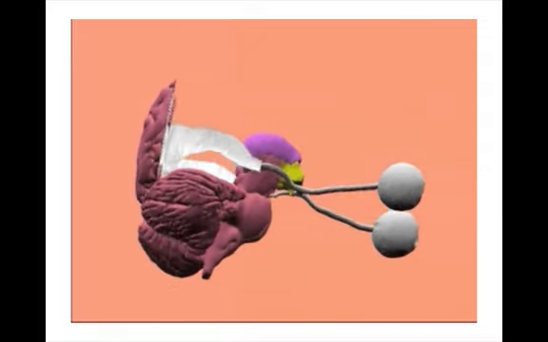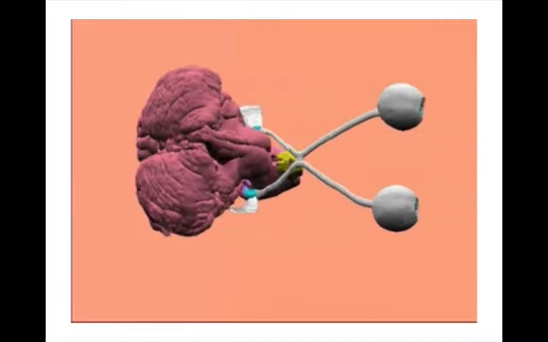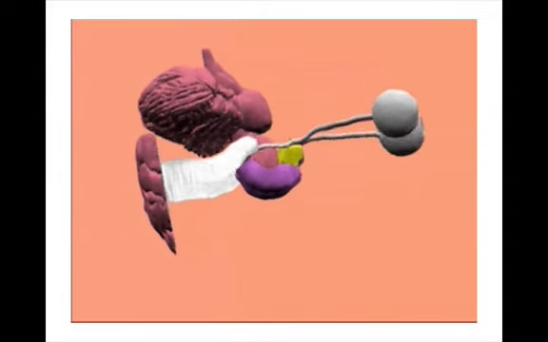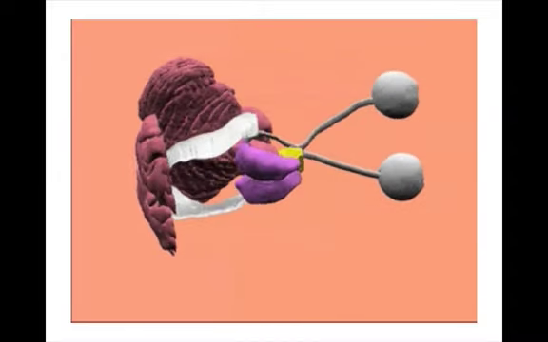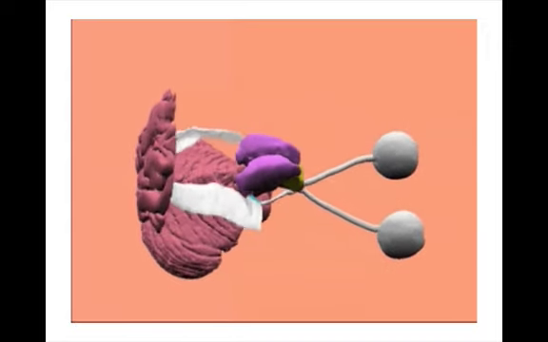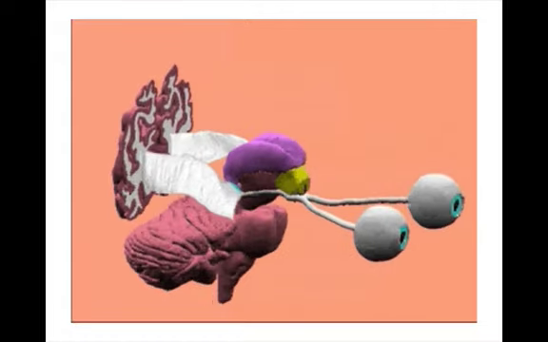Now rotate over a bit and you get a better view of the crossing of the two optic nerves under the hypothalamus. And you can see that visual information is getting to the cortex through the lateral geniculate nucleus. And from the LGN, the information goes through the white matter. So in a sense, we see with the back of our heads.